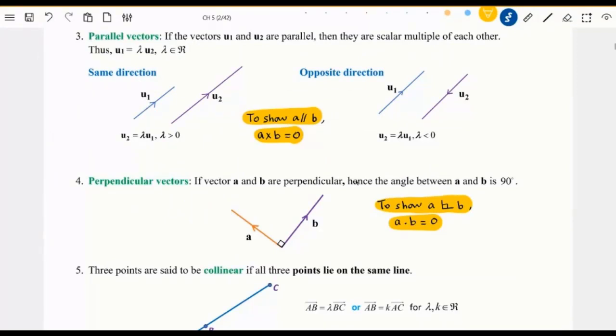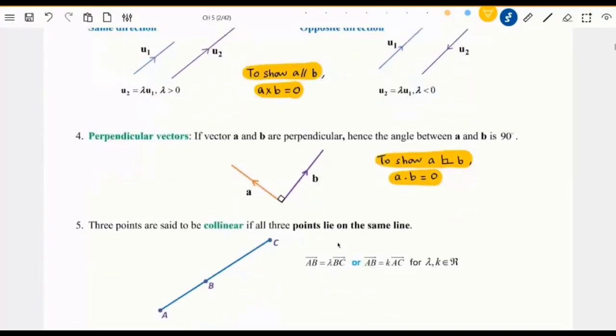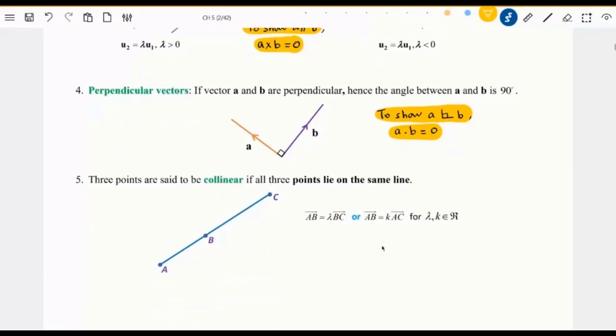And then we have another term which is collinear, which is all the points lie on the same line. So kamu akan encounter dengan scale. AB equal to lambda BC, AB equal to K AC. Okay, so lambda dan juga K tu dia boleh jadi positif, dia boleh jadi negative value.